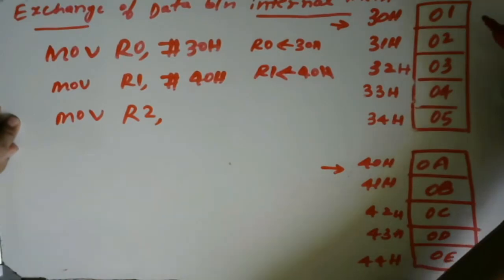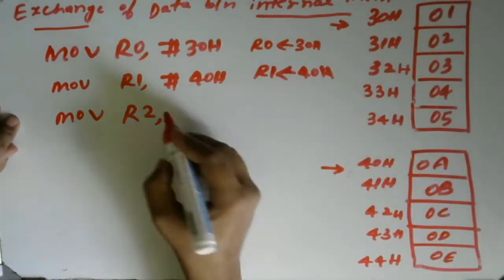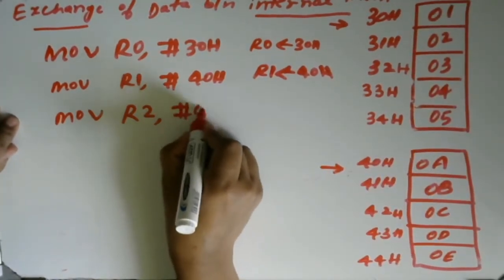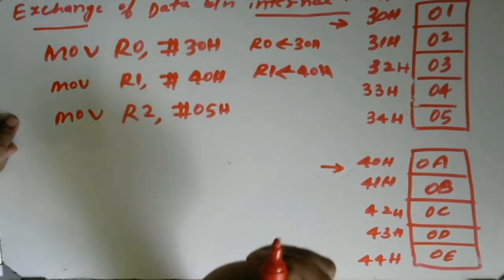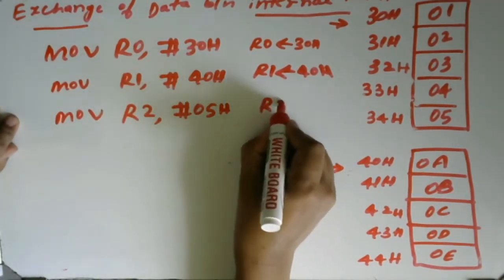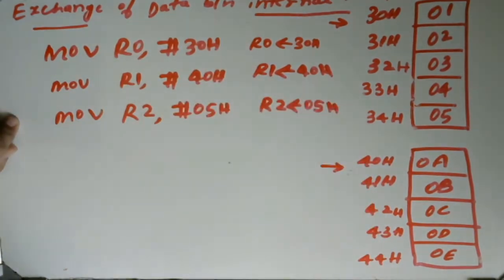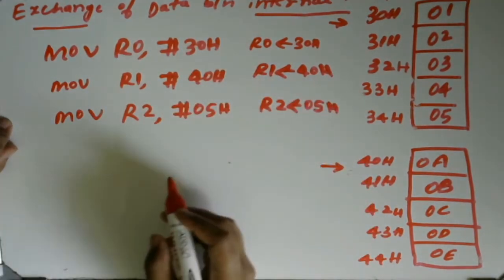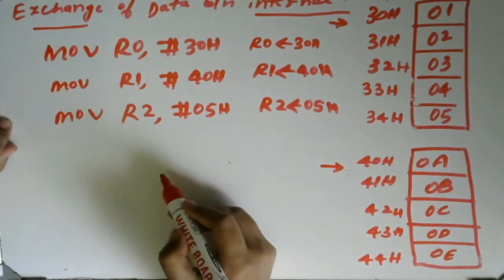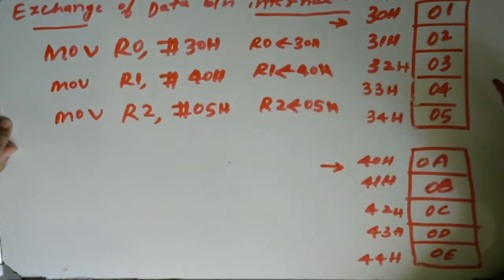Here I have taken the total number of data as 5, so R2 will be initialized with 05H. After execution of this instruction, R2 will have 05H.